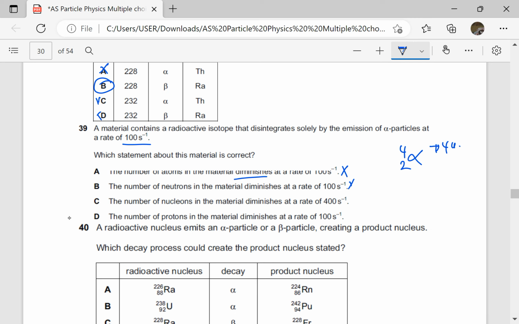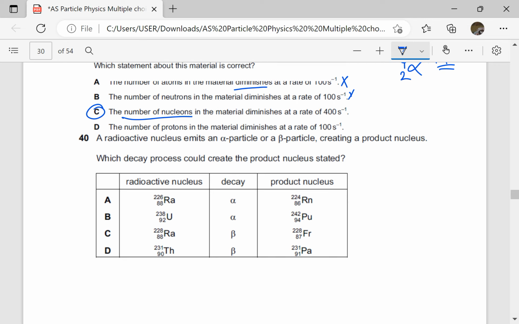But the number of nucleons is going to be the correct answer, because the number of nucleons in the material is going to diminish at a rate of 400 per second, since an alpha particle is 4,2. So the answer is going to be C.